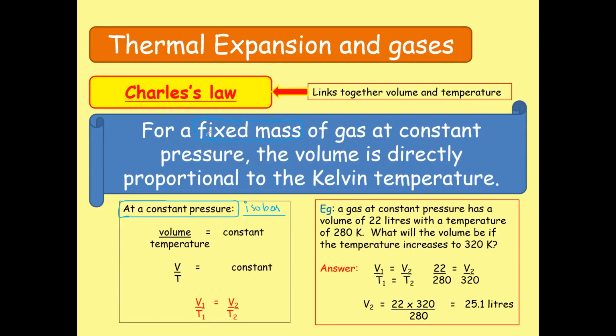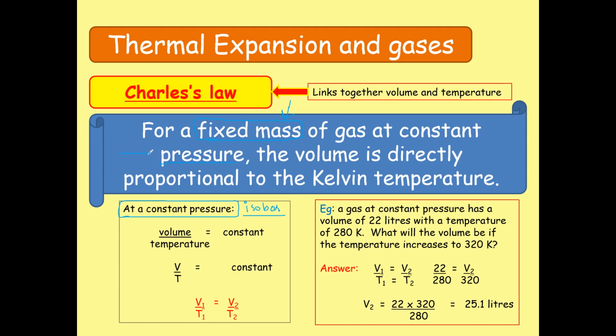When we discuss Charles's law, the pressure is constant and the mass must be constant. If we increase the quantity of the gas, all the variables will change drastically. So fixed mass is a key element.